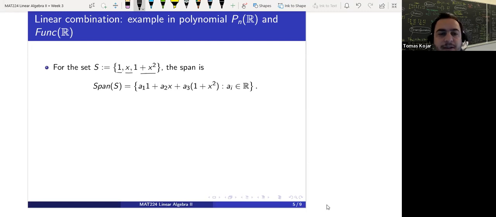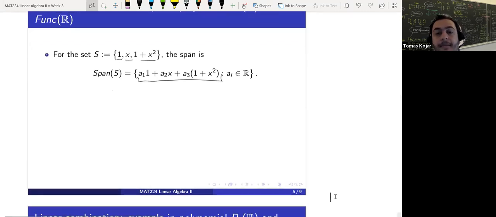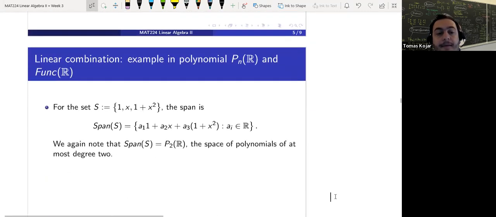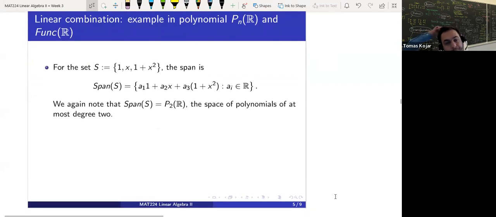And the linear combination gives you some other polynomials, this guy over here, right? And this form is always too cumbersome. So the question is, can you make it cleaner? And the answer is yes.